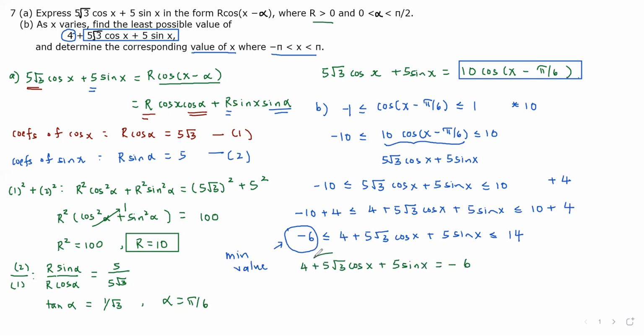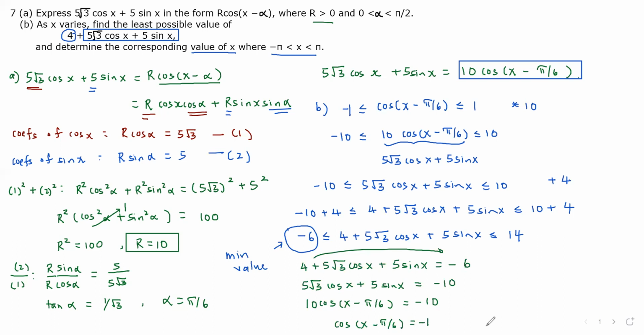You can move the 4 over, so that 5 root 3 cos x plus 5 sin x equals -6 minus 4, which is -10. But we know that this part is actually 10 cos(x minus pi over 6). This is -10. Dividing throughout by 10, cos(x minus pi over 6) equals -1.